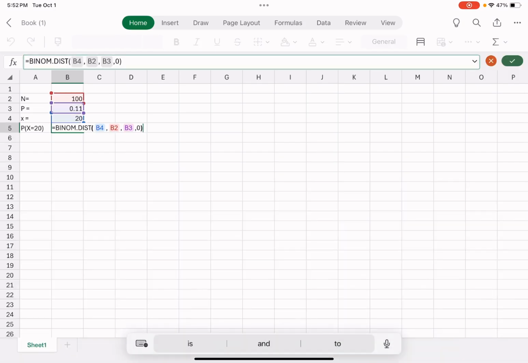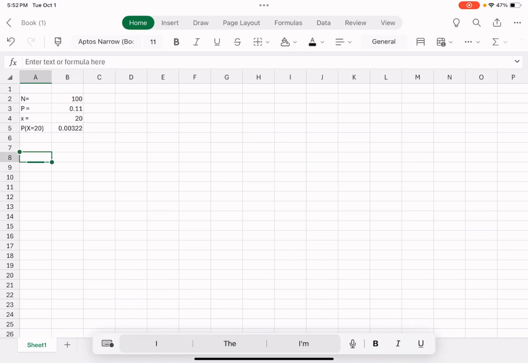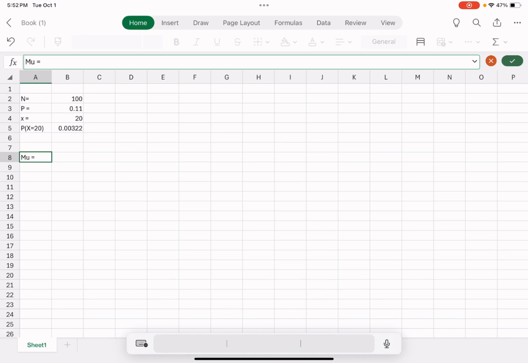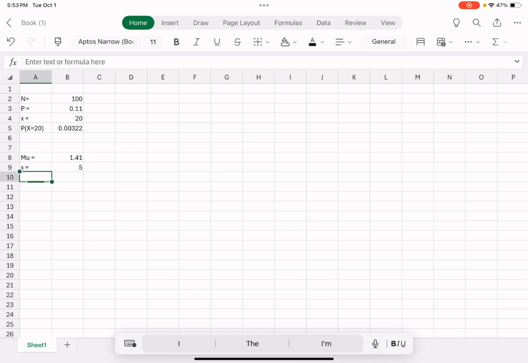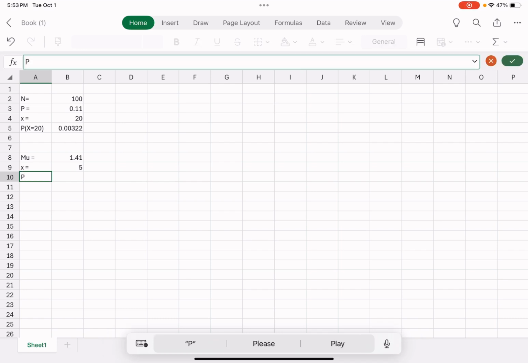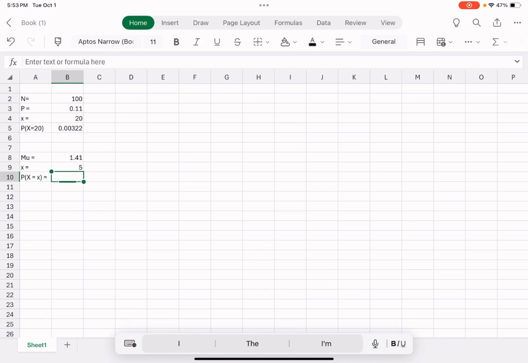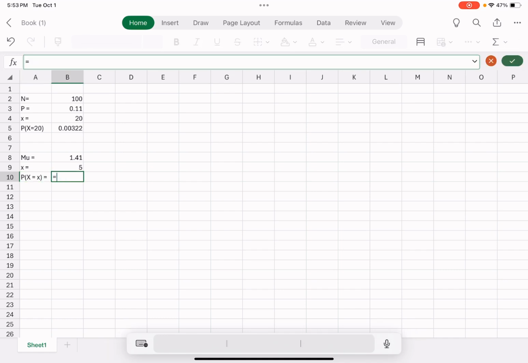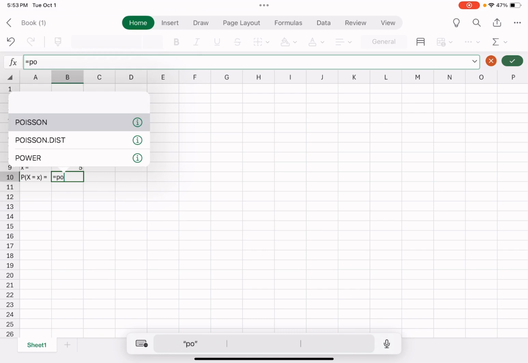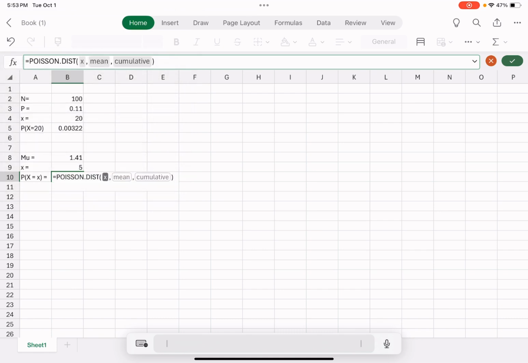So before we used Binomial, and now we're going to use Poisson. I need my mu, and my mu equals 1.41. Let's find the probability. So P of X equaling my little x, which is 5, is going to equal, equal sign, so Excel knows I'm typing in a formula, Poisson.dist.